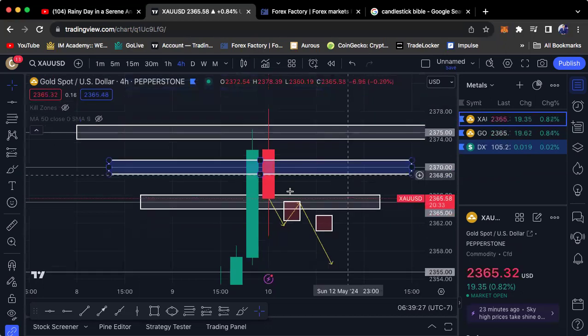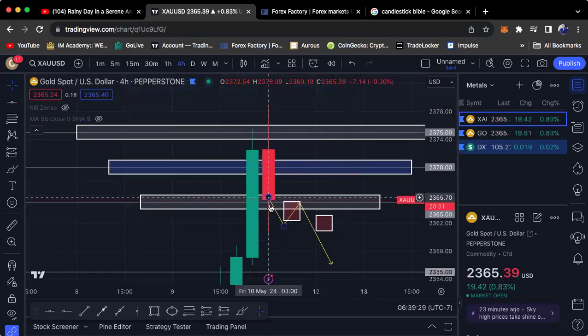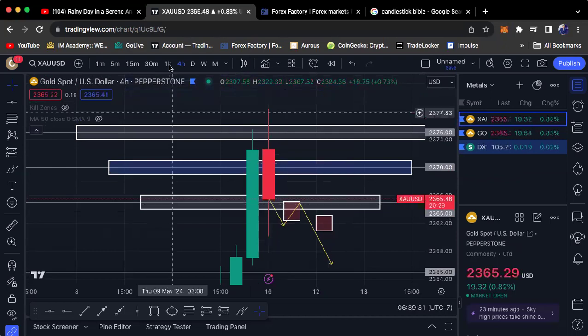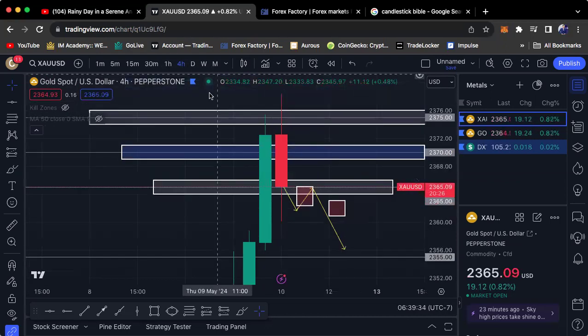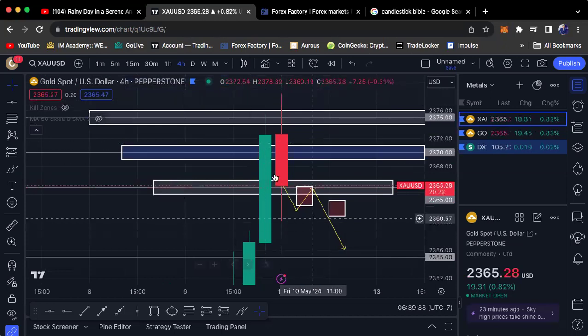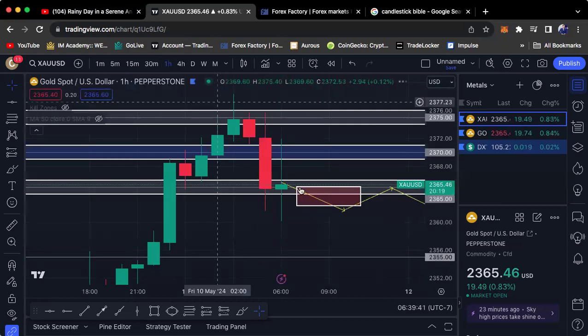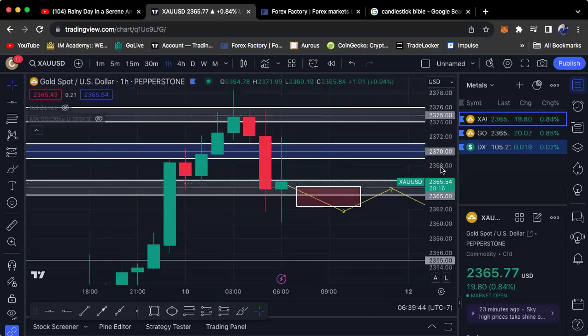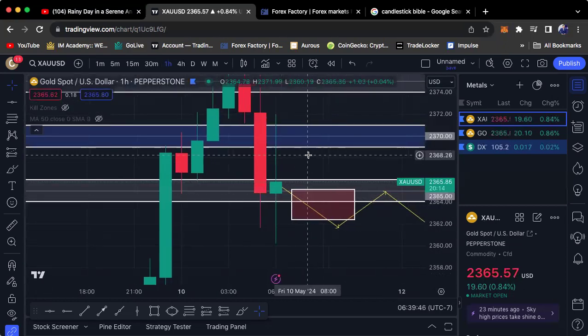So looking at the 4-hour also helps because it can let you know whether price is going to continue to the downside or to the upside. But I'm waiting for price to break below the structure, break and close.